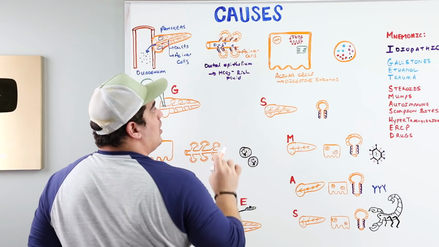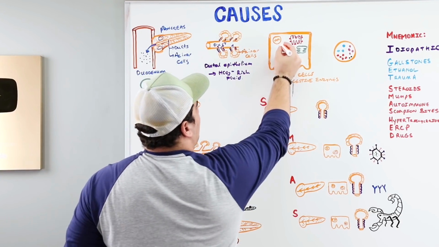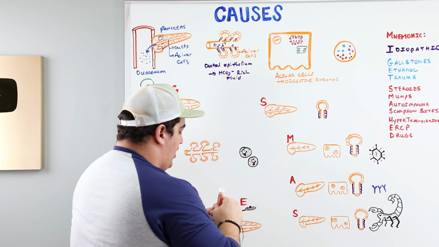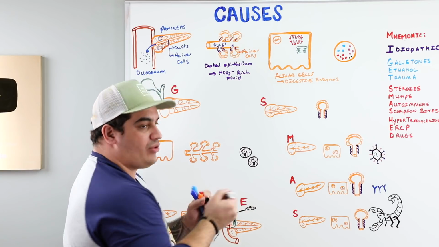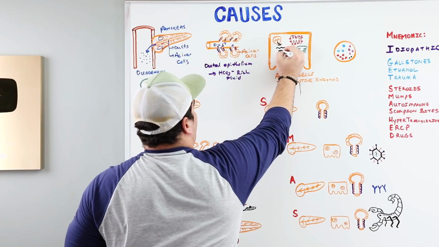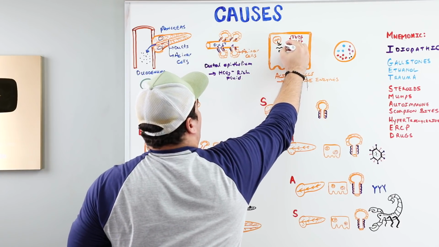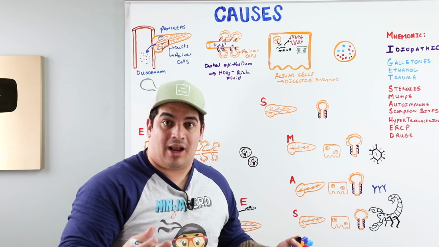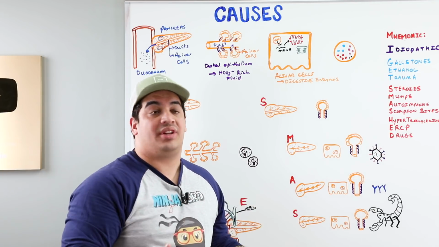We're zooming in on one of these little acini. These acinar cells have their nucleus, which contains their DNA. The DNA has to get transcribed. When it gets transcribed, it makes something called mRNA. mRNA will then go to our rough endoplasmic reticulum, which contains ribosomes, and it'll get translated into proteins.